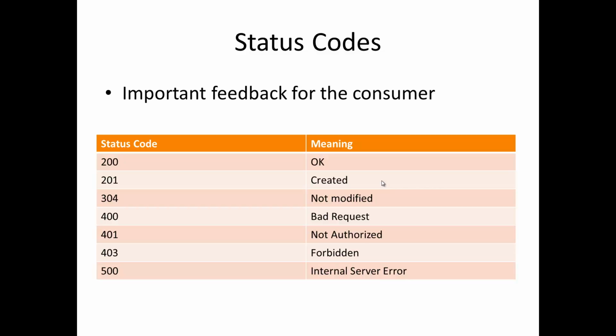Just a comment on how useful these error codes are. When you read, for example, the logs from IIS, you will usually find them. And if you say, okay, we only use 400 if there's an error, and we don't use not authorized or forbidden or something like that, then it is very hard to read the logs.